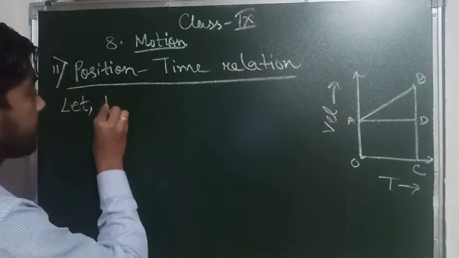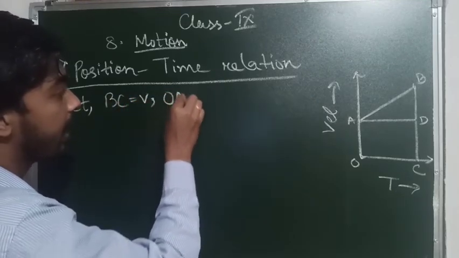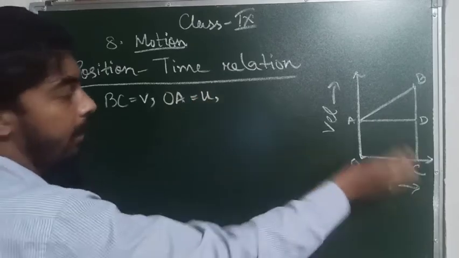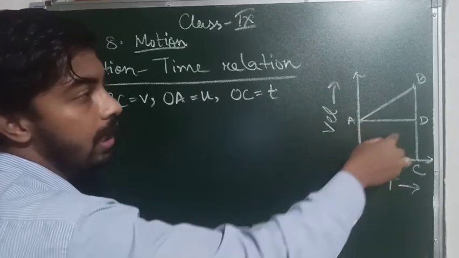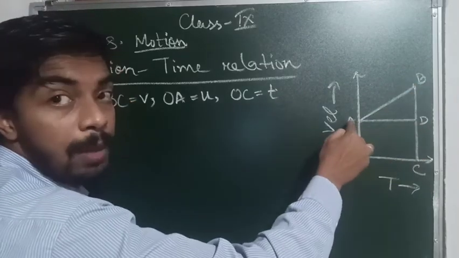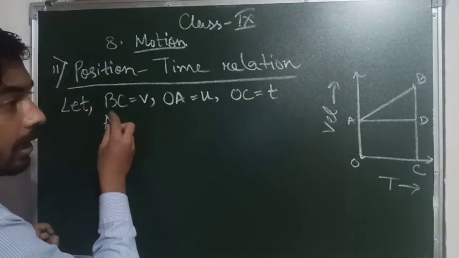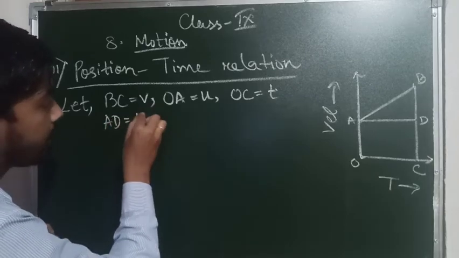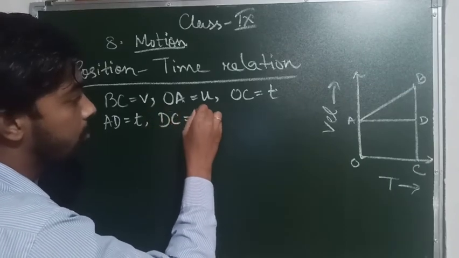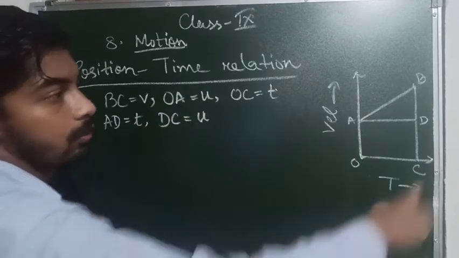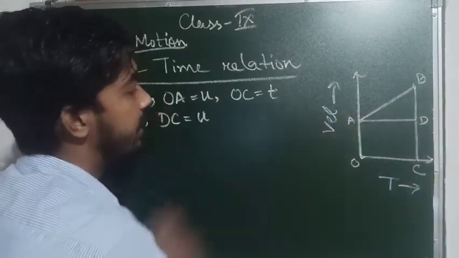BC was taken as V, OA was taken as U, and OC was taken as T. Now after we bisect BC with a perpendicular AD on it, we get AD equal to T, and this part BC is equal to U. And we know BC was divided into two parts, BD plus DC.